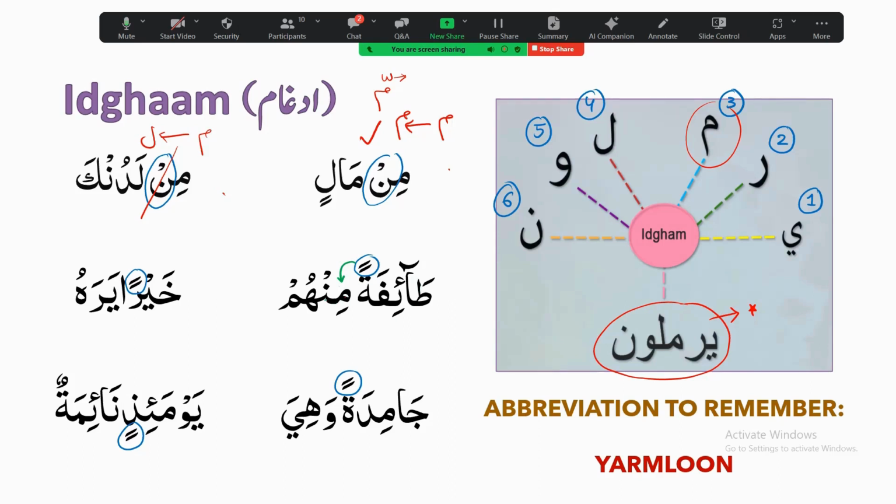طائفة minhum. Let's see just another example. خيرا يره. In this example, again, you see a tanween of fathatain, right? And after this tanween, the next letter that you see here is ya.